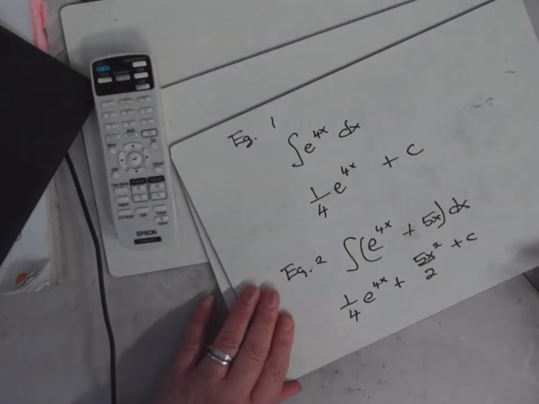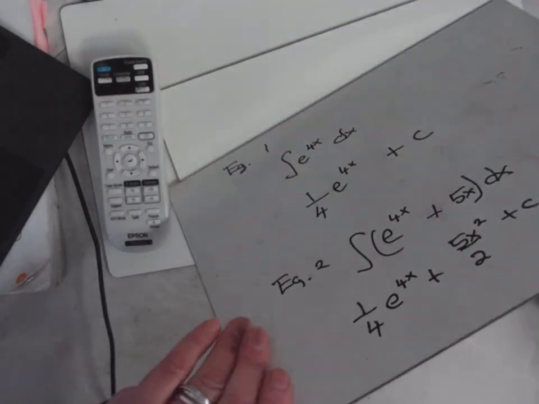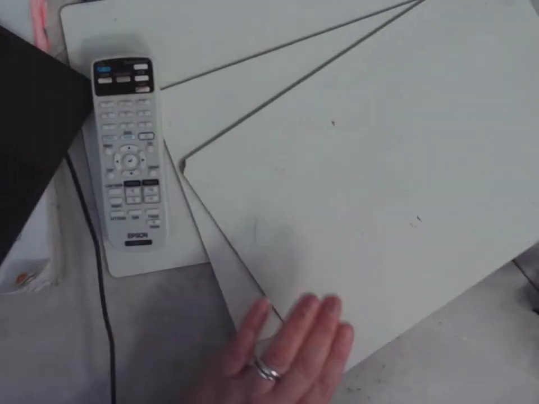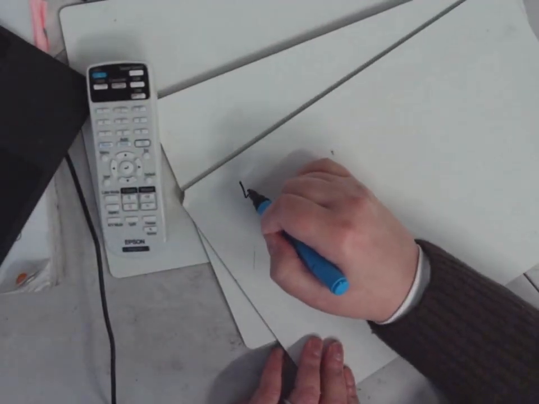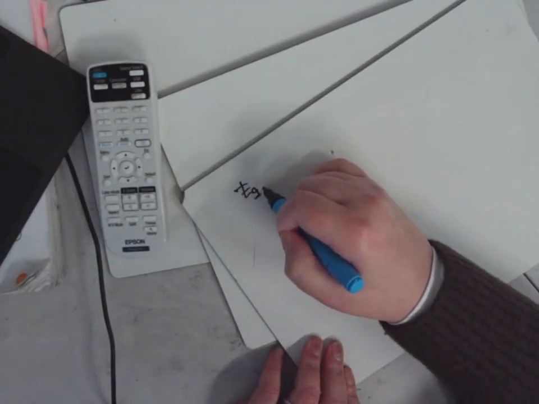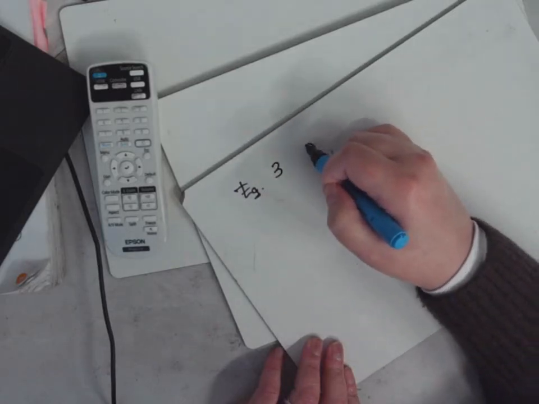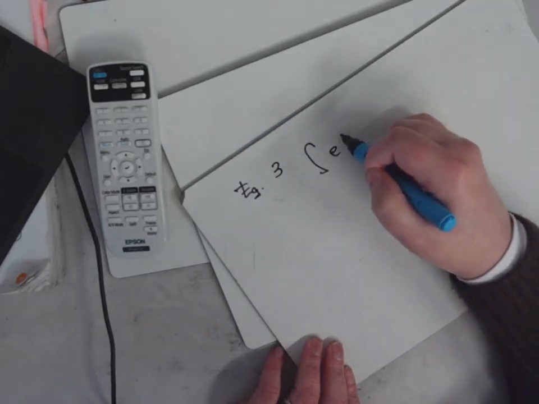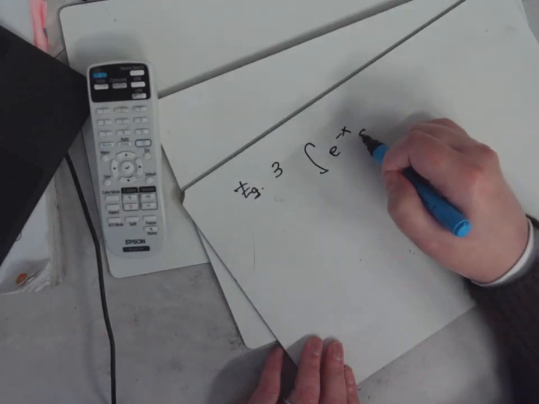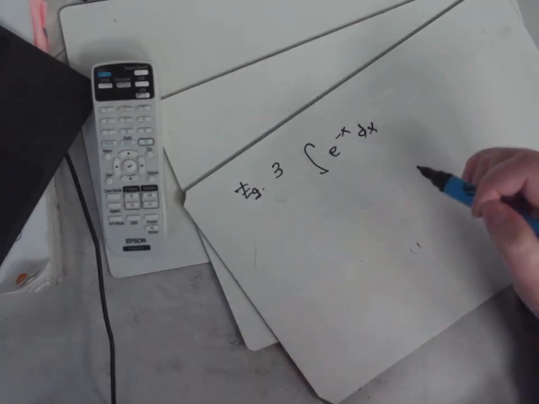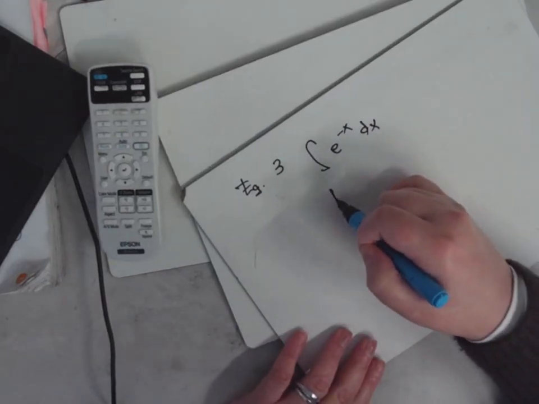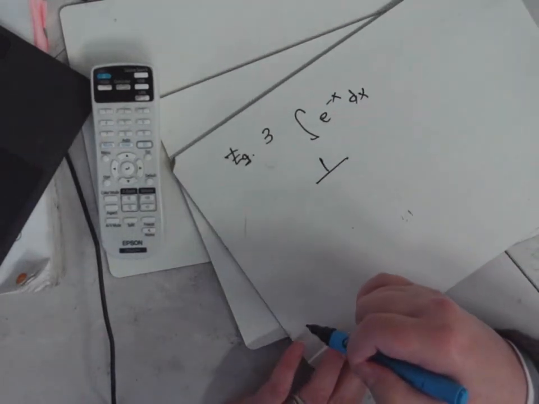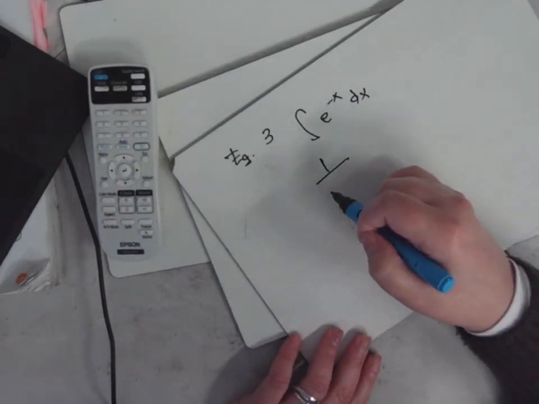Okay, next one. You all okay? Right, example 3 is the integral of e to the power minus x dx. So it's 1 over the number in front of x. What number is in front of x? Minus 1, isn't it?